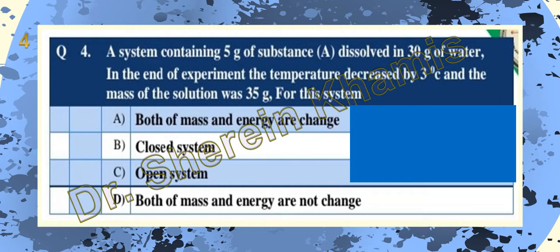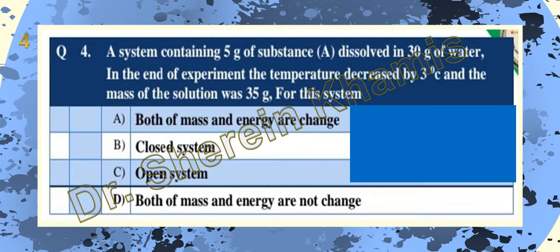Okay, and we have here that the temperature at the end of the reaction decreased by 3 degrees Celsius. So the temperature, or the energy also, will change. Energy is the only thing that changed, not the mass.